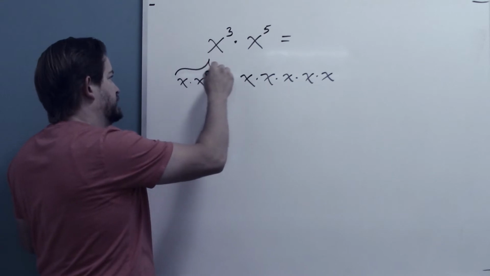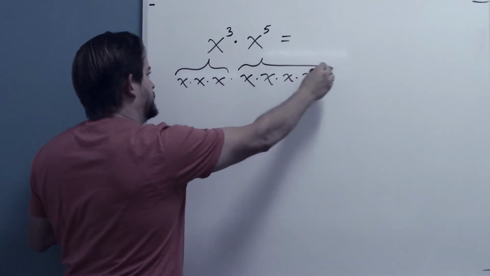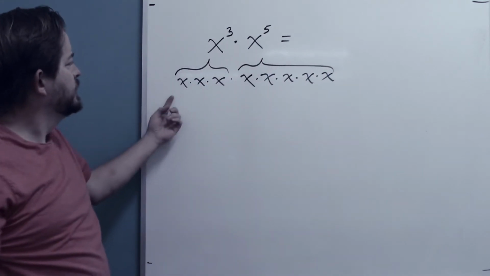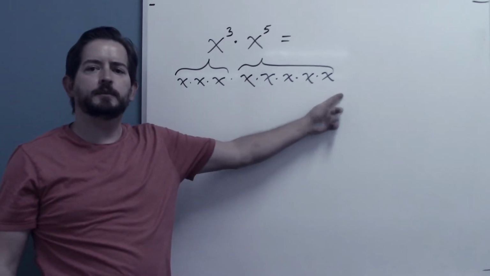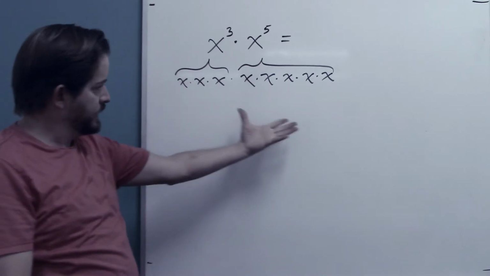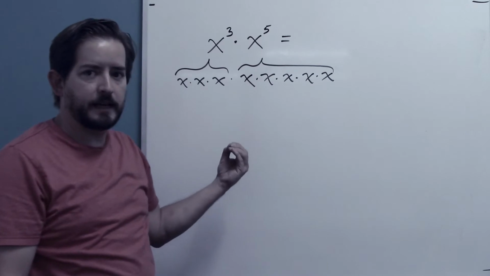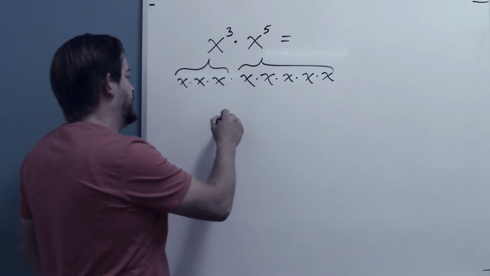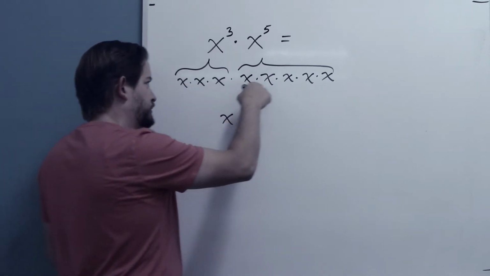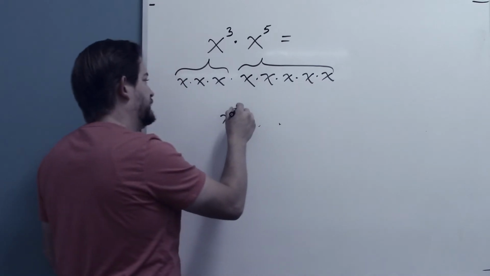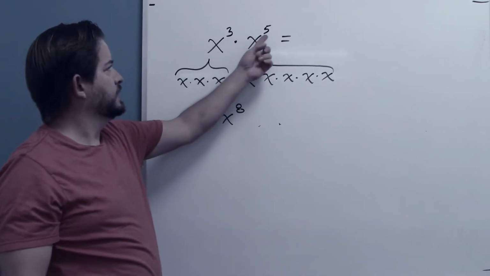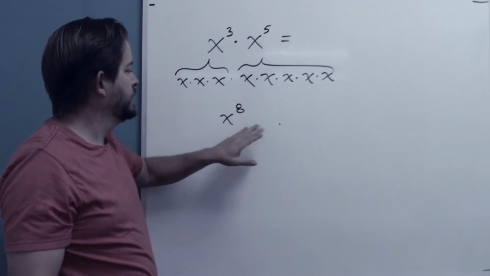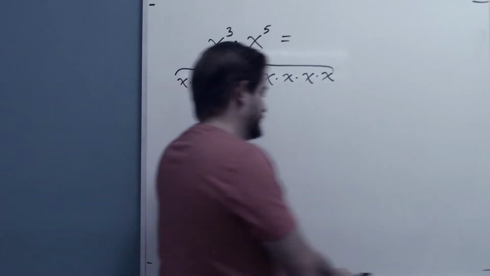This was x to the third. These guys all came from x to the fifth. But it's just a big list of things being multiplied again, so I can condense this down into exponential notation as x to the 1, 2, 3, 4, 5, 6, 7, 8 of them. But I just added 3 and 5 together, right?